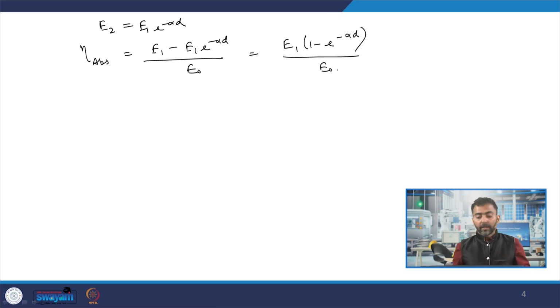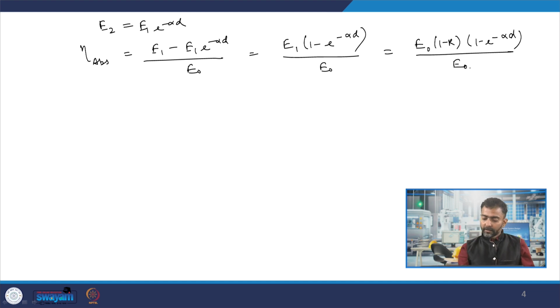And further, E1 is the radiation which entered the solar cell from the top surface, and that we have already seen, we can write as E naught times 1 minus R, and the remaining terms come as they are. And therefore, my eta abs, or absorption efficiency, in simple terms I can write as 1 minus R into 1 minus e to the power minus alpha d.